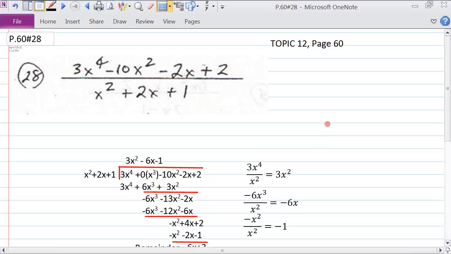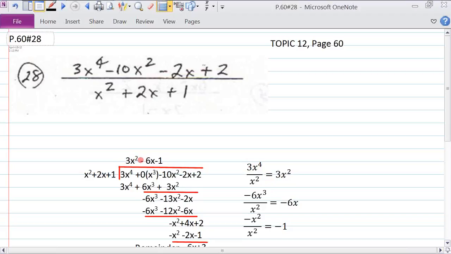etc. So, okay, we're setting this up, and the first thing we're going to do is divide the first term of this, same as we've done previously, by the first term in that. 3x to the fourth over x squared gives us 3x squared, which is going to go right here.